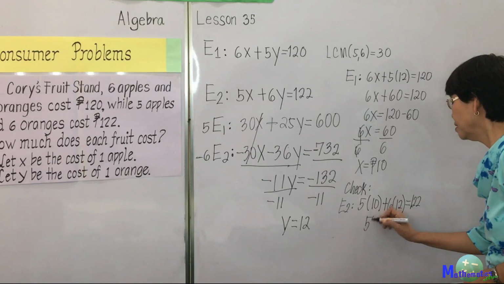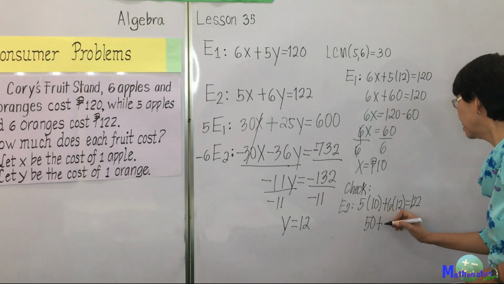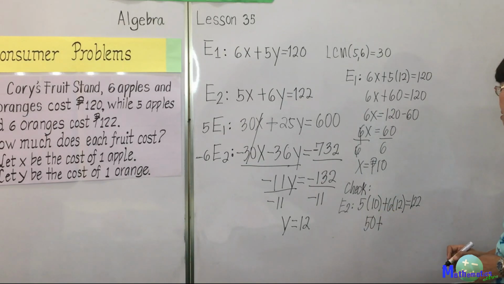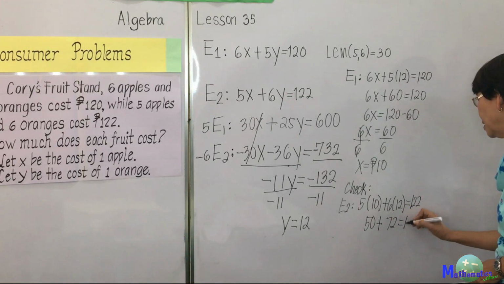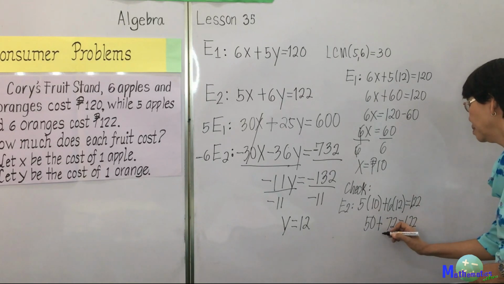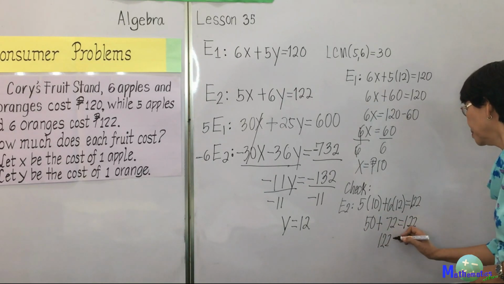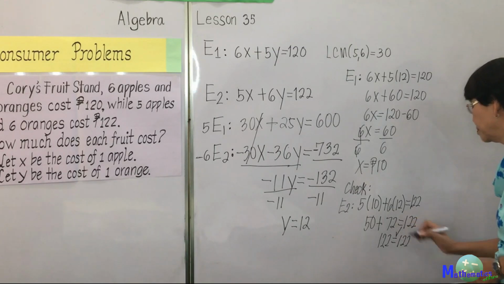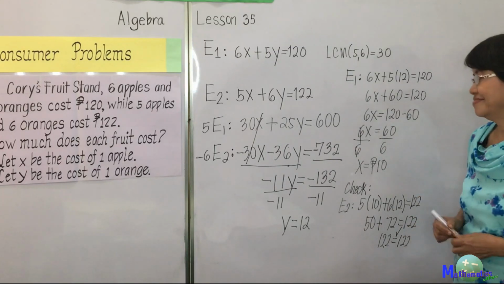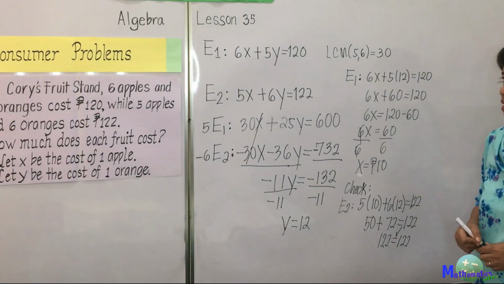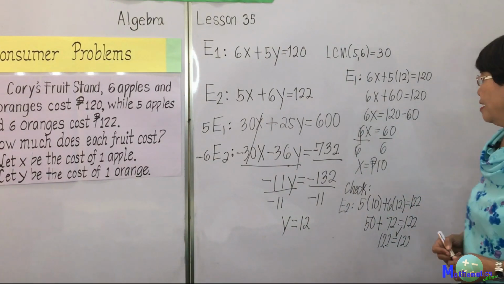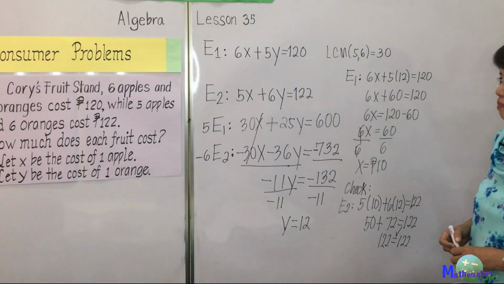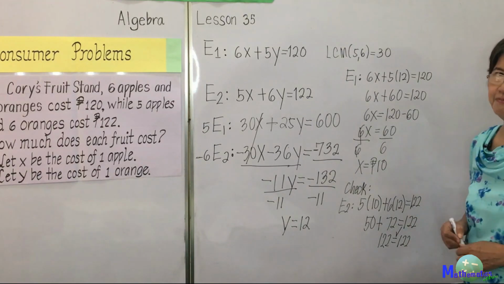So 50 plus 6 times 12, 72, is 132. 132 equals 132. Check. So our values are, for the cost of an orange, we have 12 pesos. And for the cost of an apple, we have 10 pesos.